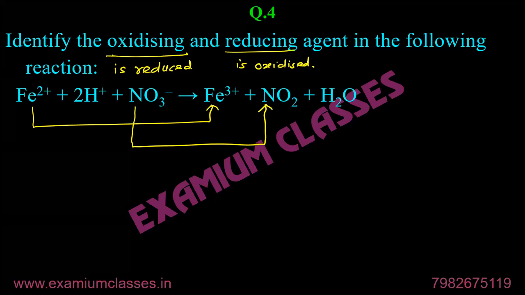Shashwat, Shivangi, correct. Fe is getting oxidized. Yes, Arohi, correct. That's why I have written. You have to identify the oxidizing agent.